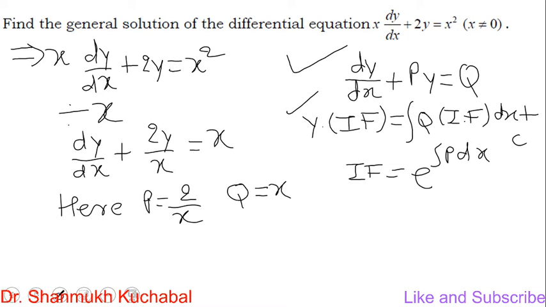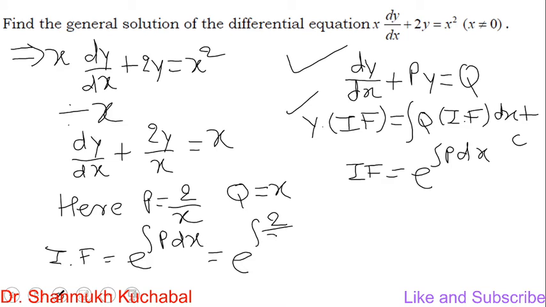Now we'll find the integrating factor. The formula is e raised to the integral of P dx, where P is 2 divided by x, and we integrate with respect to x.